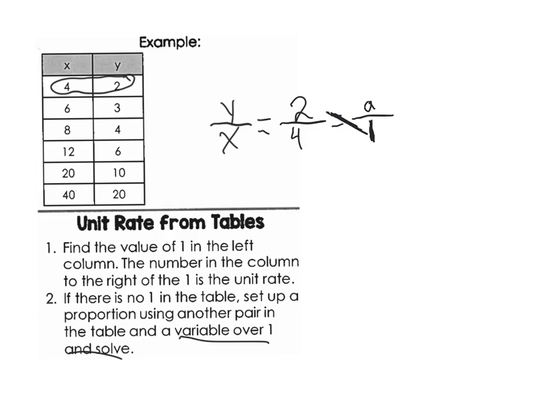So we cross multiply 1 times 2 to get 2, and then we divide down. 2 divided by 4, we should know that one, should be 1/2 or 0.5. So the unit rate in this table would be 1/2 or 0.5.